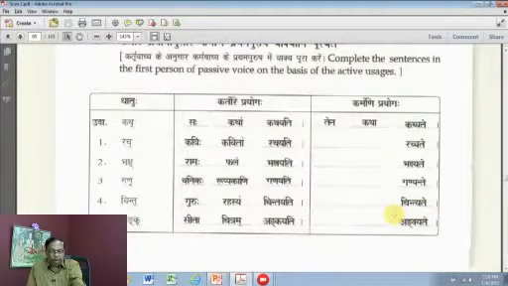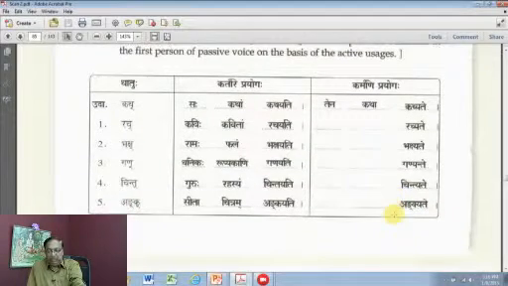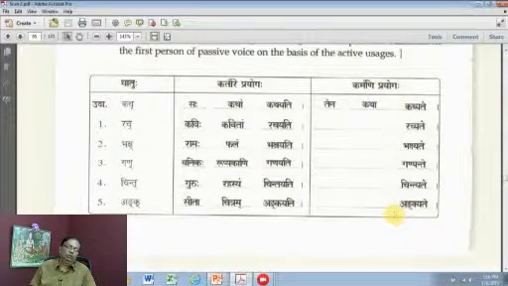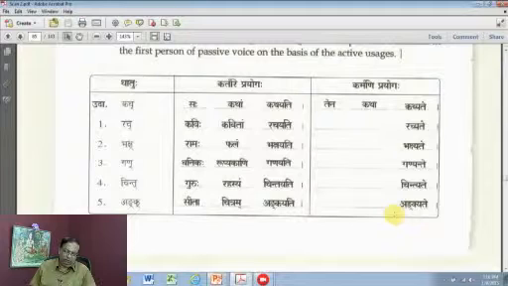Then chinta, to think. Guruhu rahasyam chintayati. The teacher is thinking about a secret. Guruna rahasyam chintyate. A secret is thought over by the teacher.